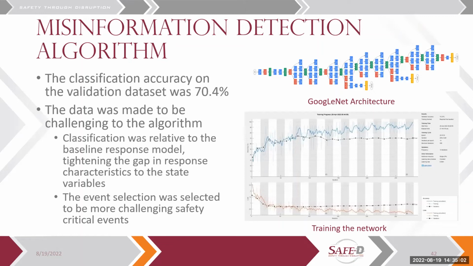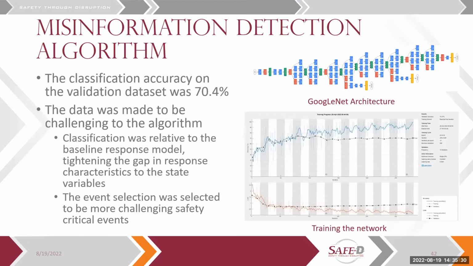We did deliberately make the data pretty challenging to the algorithm. We set it up so that the classification was relative to our baseline response model, instead of just the raw output of 100% accurate information from CarMaker. So we're comparing between 2 different, noisy and slightly more noisy data sets.